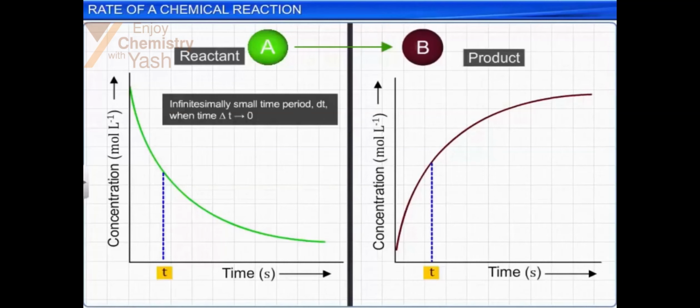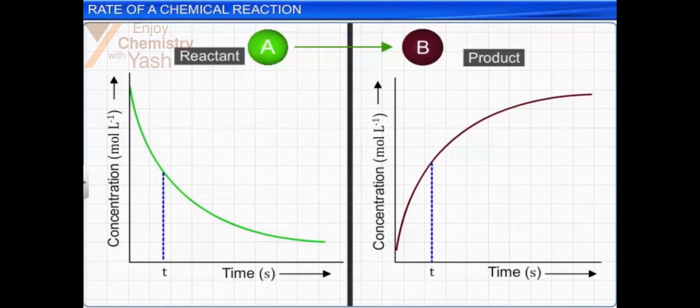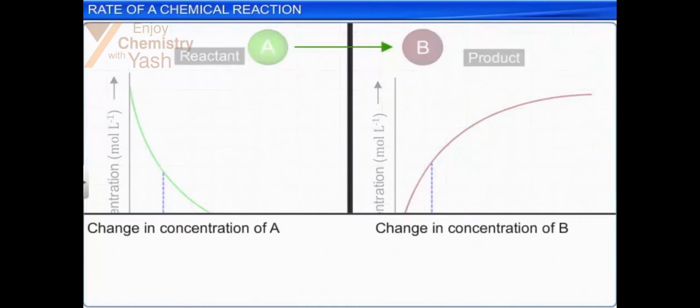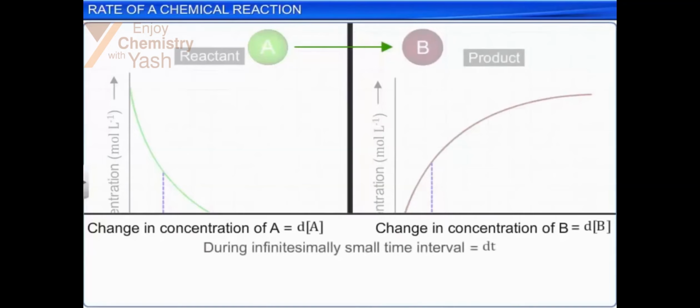The rate of a reaction determined at a particular instant of time is called the instantaneous reaction rate. If the changes in the concentration of A and B are dA and dB respectively, during the infinitesimally small time interval dt, then the instantaneous rate of reaction is given as R instant equal to minus dA by dt or equal to dB by dt.